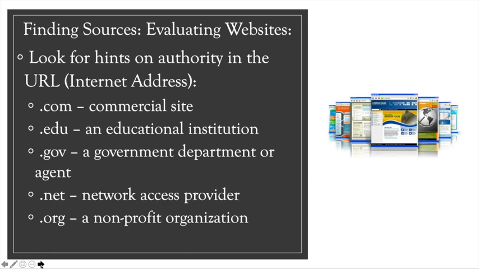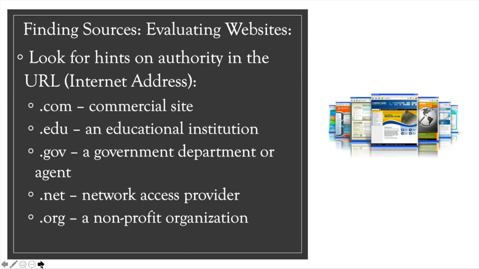So we've got to evaluate it a little bit further. .org are typically nonprofit organizations. And the one thing we want to recognize with that is that most of the time, those nonprofit organizations are advocating for and or against something, which means that we've got to look at it through the lens of understanding the bias of the organization and what their purpose or focus is.